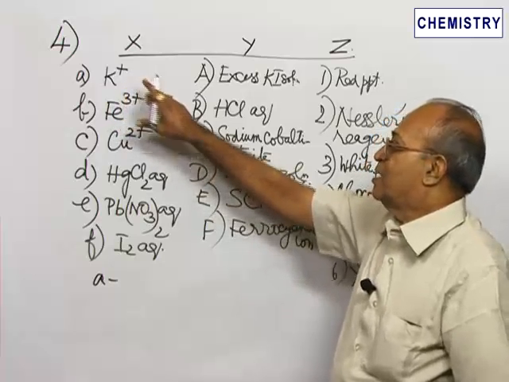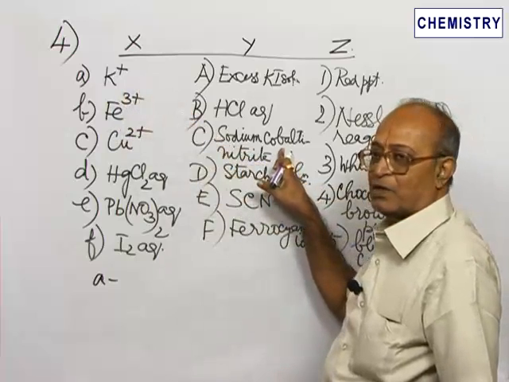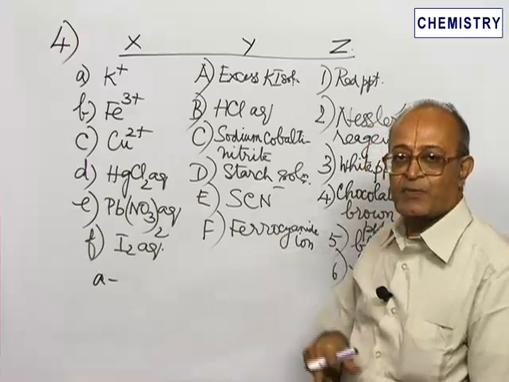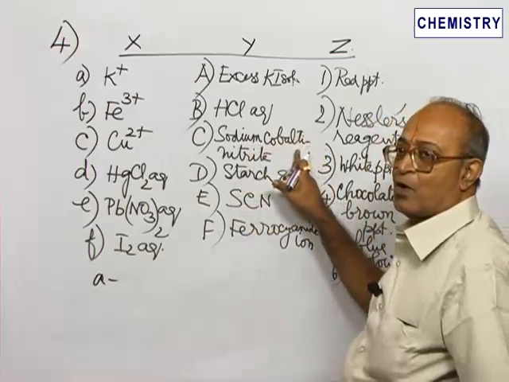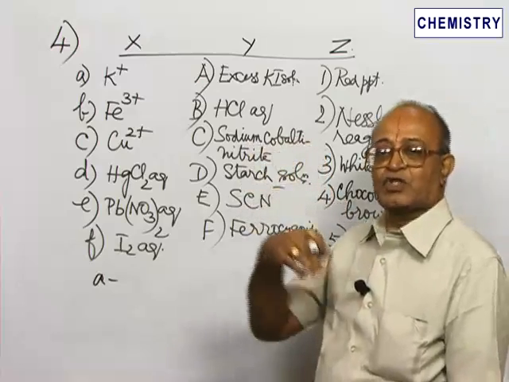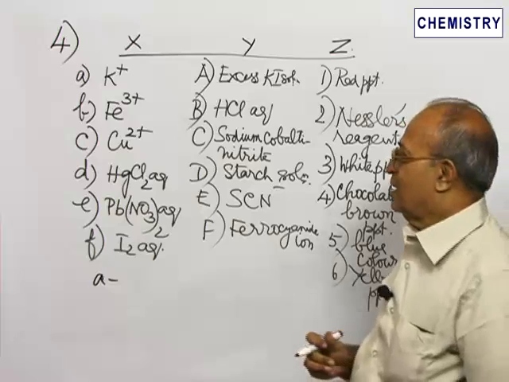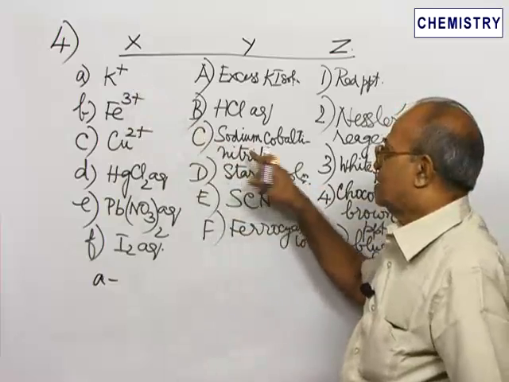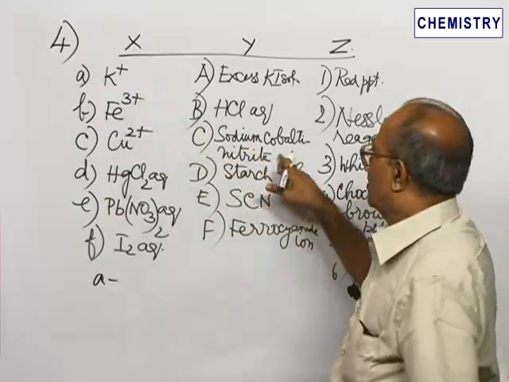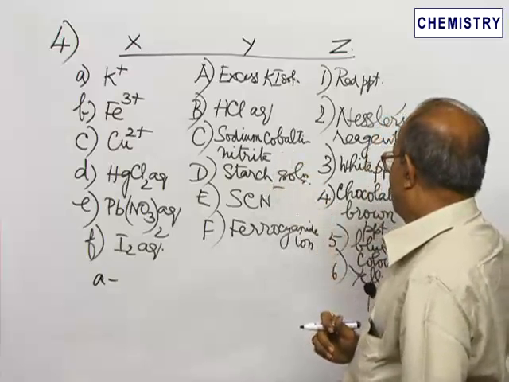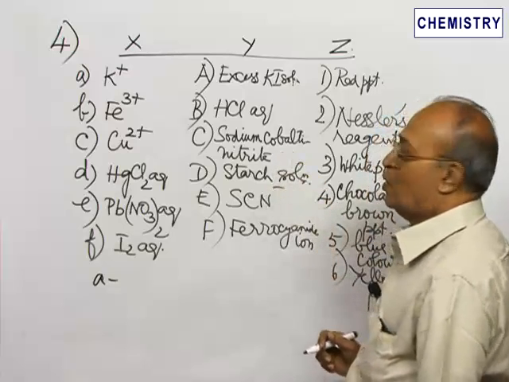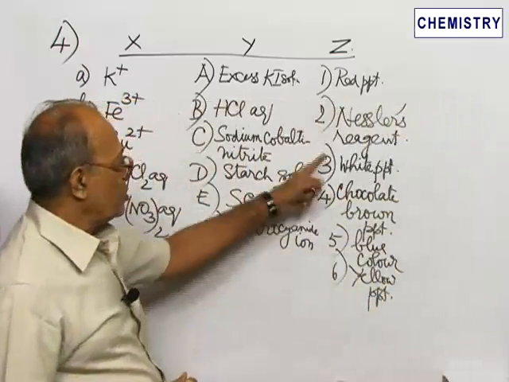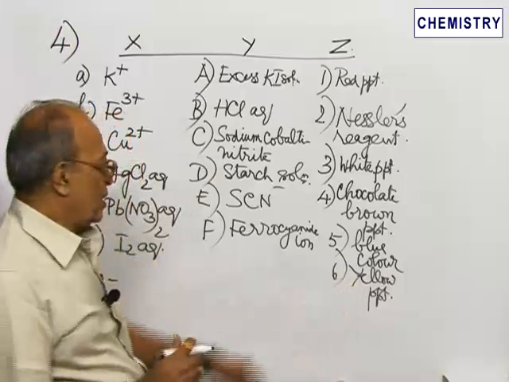Please remember, K plus ion reacting with sodium cobalti nitrite will give as the product potassium cobalti nitrite, which will be yellow in color.